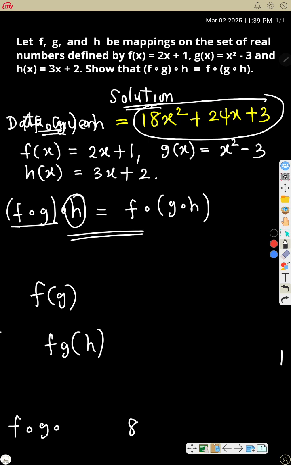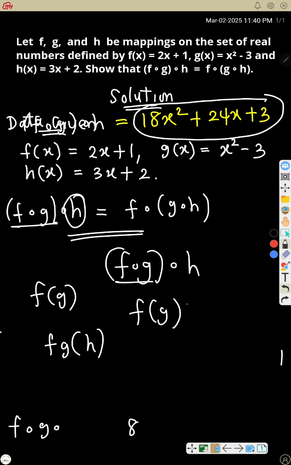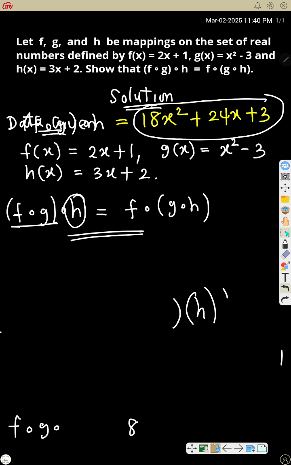That is how the numbers will be entering each other. Since it is f of g in brackets of h, do f of g first, then h will enter f of g. So anywhere you see x in f of g, you substitute the value of h. That's what we have been doing.